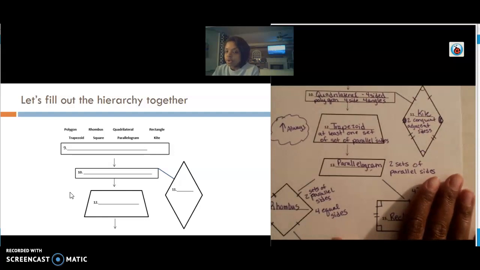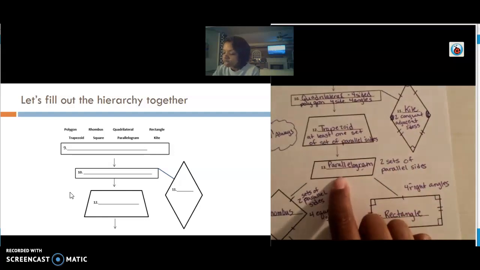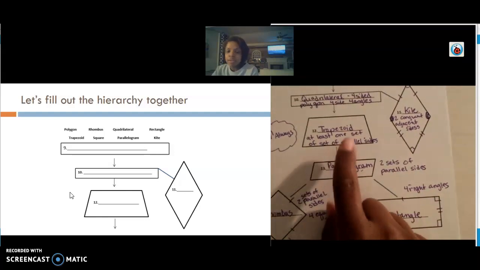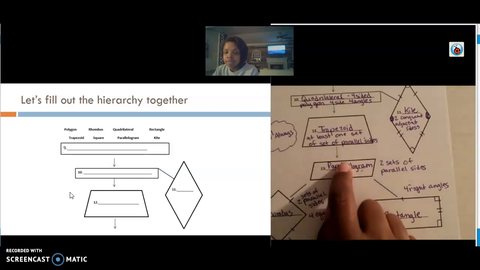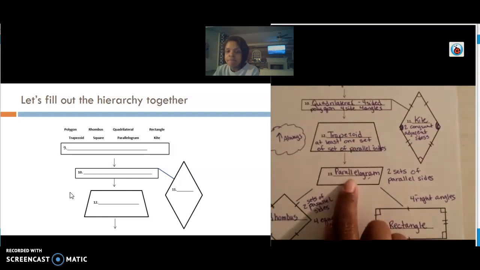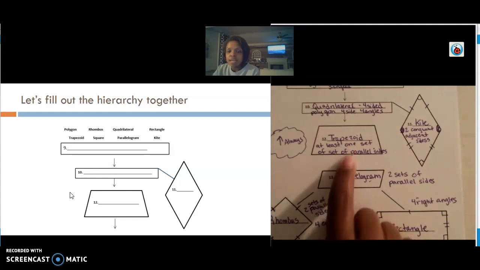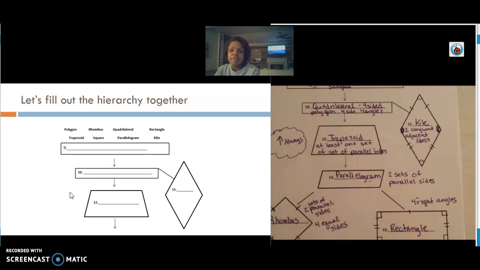All right, so now moving on down to a parallelogram. Why does this arrow exist here? Because when I move up, a parallelogram can be a trapezoid, because a parallelogram has 2 sets of parallel sides. And to be a trapezoid, you only need one set of parallel sides.